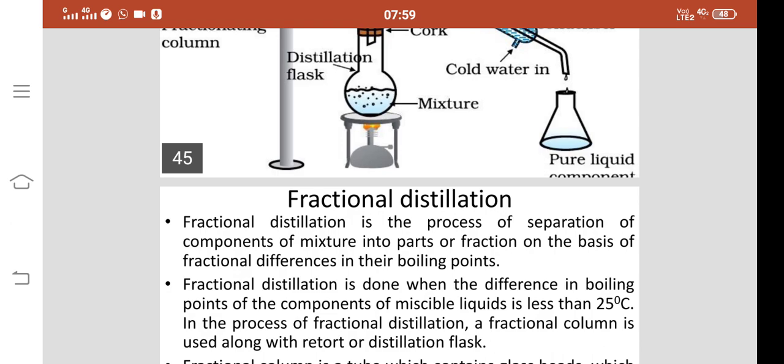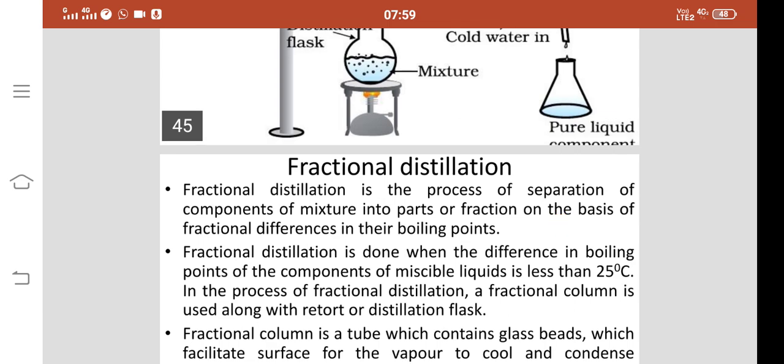Fractional distillation is done when the difference in boiling points of the components of miscible liquids is less than 25 degrees centigrade. In the process of fractional distillation, a fractionating column is used along with a retort or distillation flask.